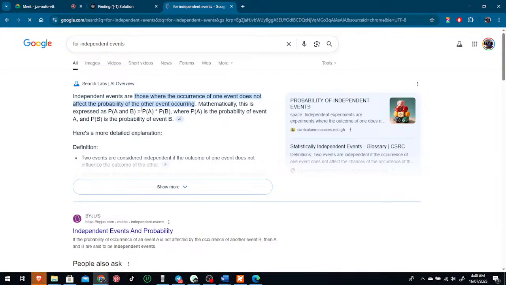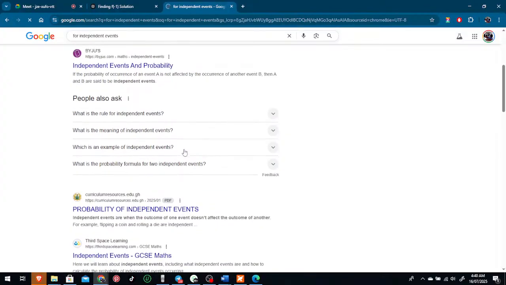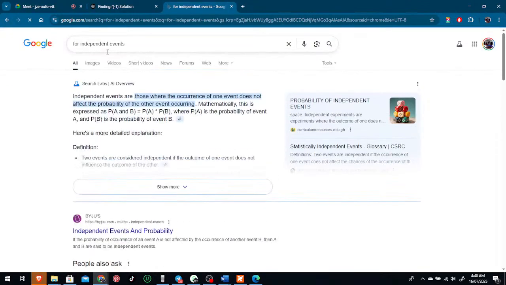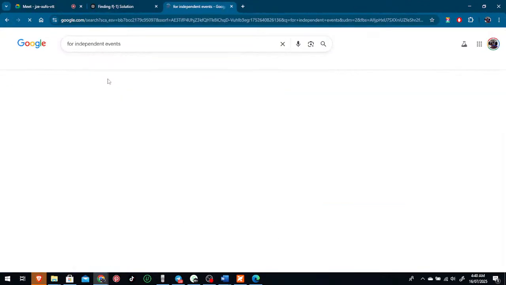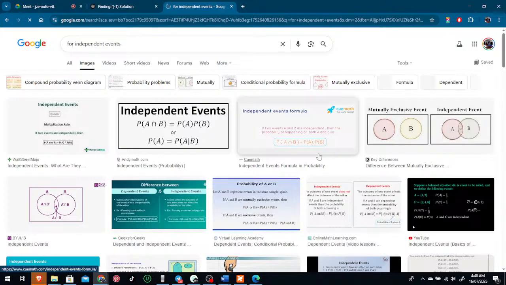The probability of A and B equals the probability of A times the probability of B. You have to subtract the intersection. Oh, it's just like that. Yeah, that's what we did. No, the intersection is the thing.